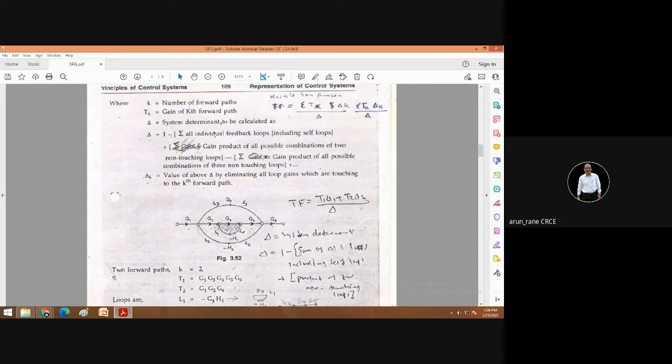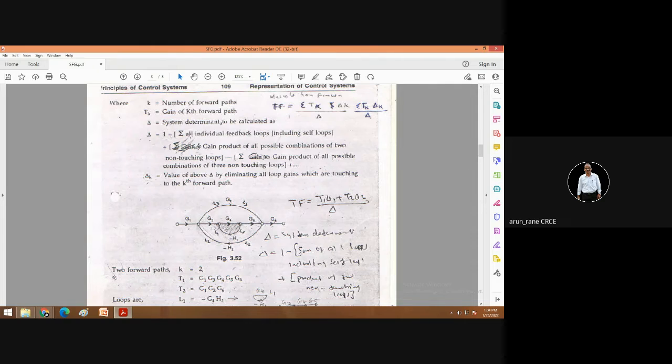We have seen first forward path, second, third, fourth, and we have also seen how to calculate the gains. Then K is nothing but the number of forward paths. In the earlier example, there were 4 forward paths, so you will have 4 gains, T1, T2, T3, T4. So T3 means the gain of the third forward path.